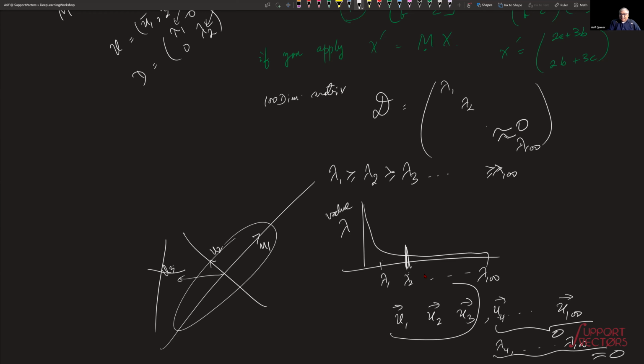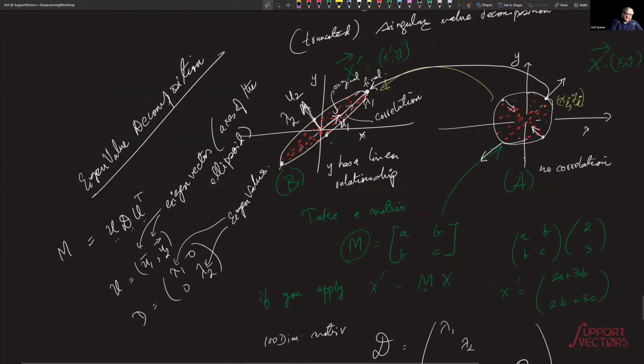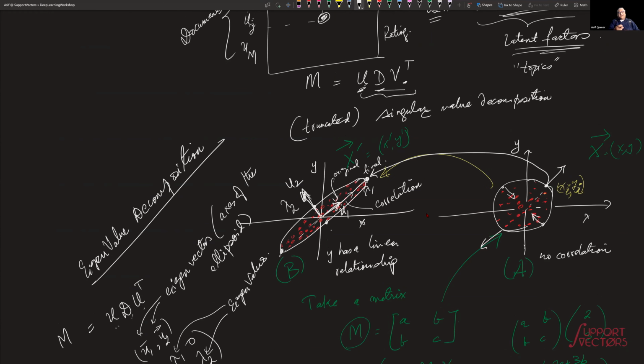And so what you have done is you have reduced the dimensionality of the space to these root vectors, these eigenvectors, or in the case of rectangular matrices, those singular vectors. And those directions are the real directions along which the data is spread. In the case of a document, those are the real topics that describe the document. The document has a certain amount of this topic and that topic and so forth.